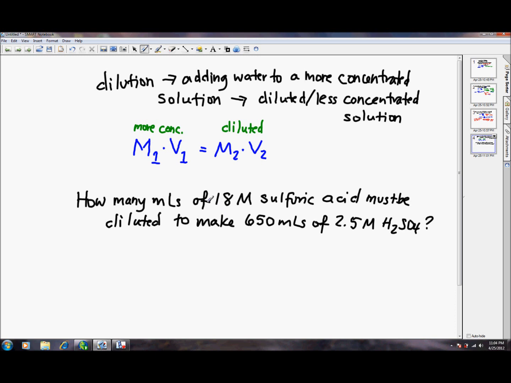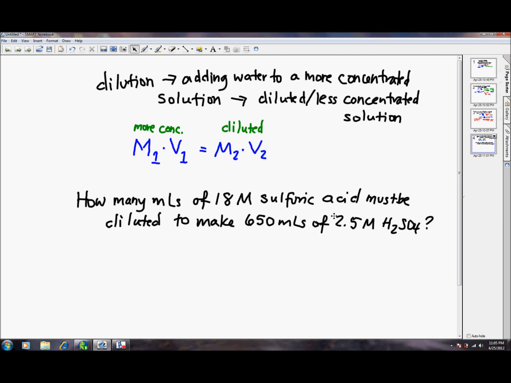Okay, so I have a more concentrated solution, 18 moles per liter. I need to know how much of that will I need to take out and add water to get to a final volume of 650 milliliters of a less concentrated 2.5 molar solution.